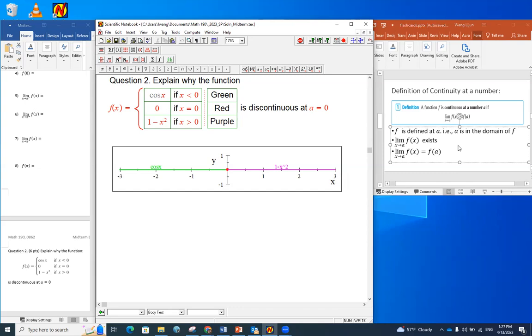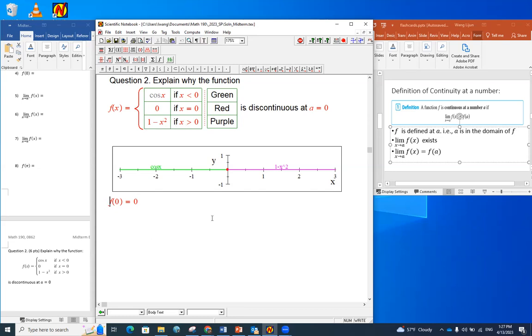If it is not defined at the point of consideration, then it is not continuous. So we check the conditions one by one, and we start with the easiest. The first condition: we can see obviously f of 0 is 0. It's defined.